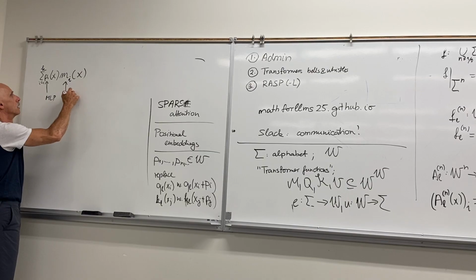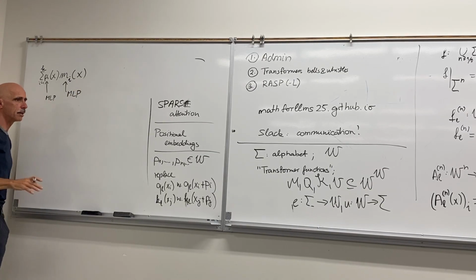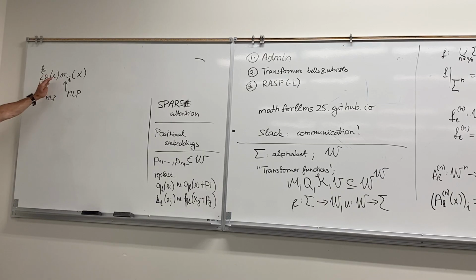This is an MLP. But sometimes you do funky things, so that during training you don't really use this MLP. You will try to train it to behave well so that it balances the load between the different MLPs.